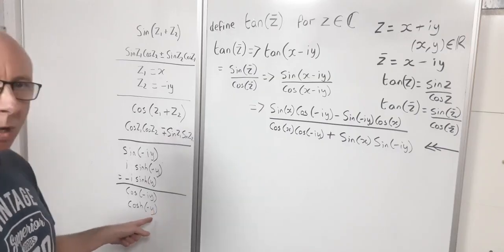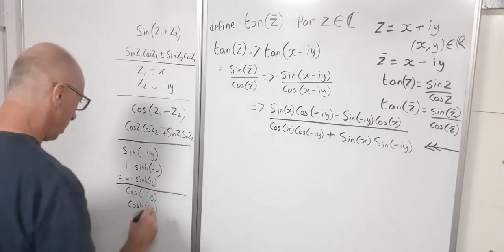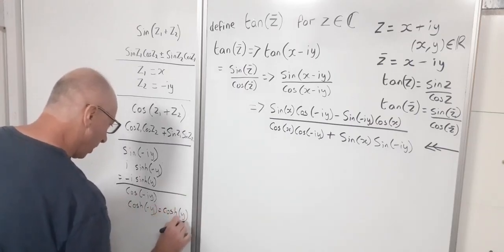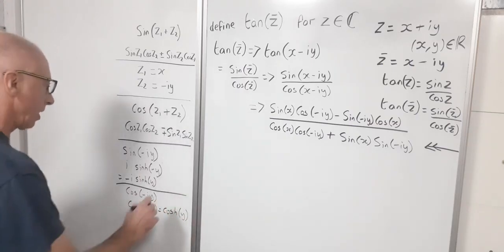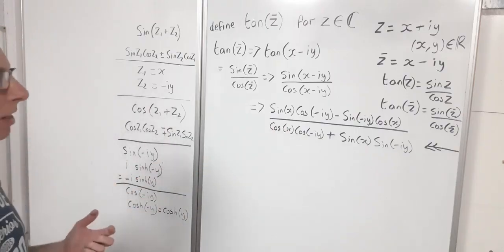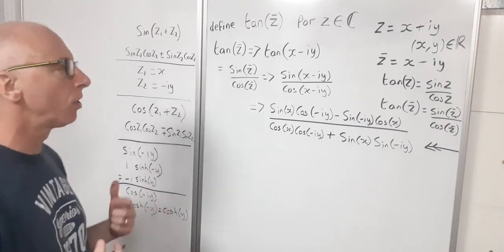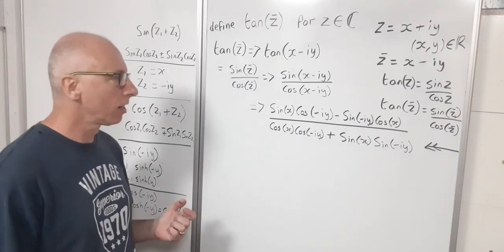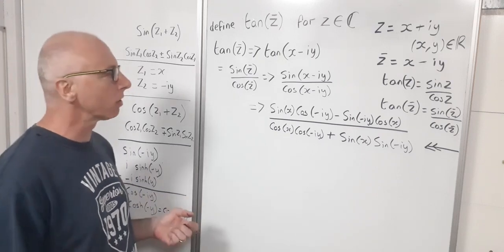Cosh of minus y is the same as cosh of y. So that equals cosh of y. So now I can plug those values into this and replace. So I've got hyperbolic trig functions and normal trig functions mixed together. And that's what I kind of like in complex analysis. I think that's where it belongs.